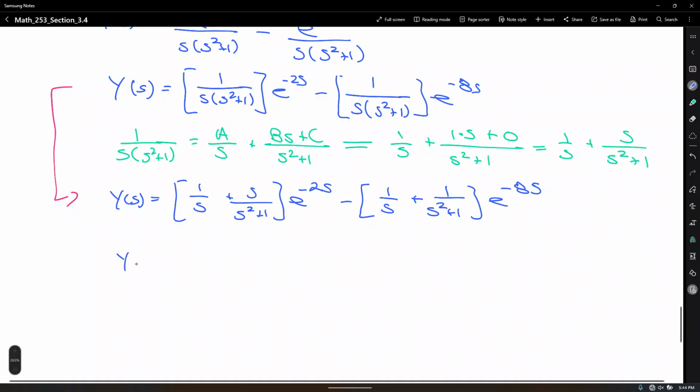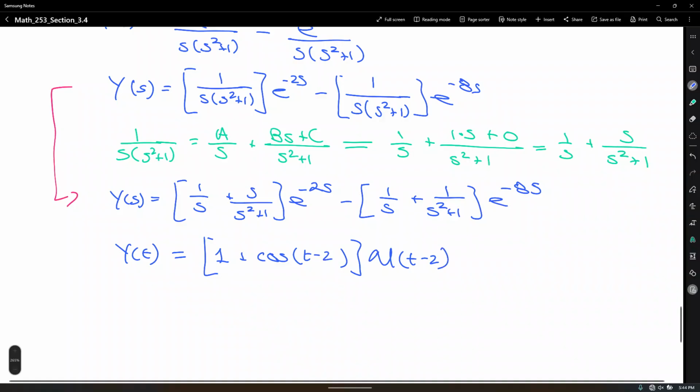So y of t, finally finding the inverse. The inverse of 1 over s is 1, minus what's the inverse transform of s over s squared plus 1 again? Cosine. Cosine of t, and because this factor is multiplied by an exponential, that means u of t minus 2, so t minus 2 here as well.